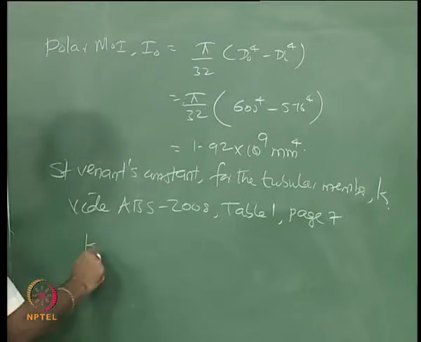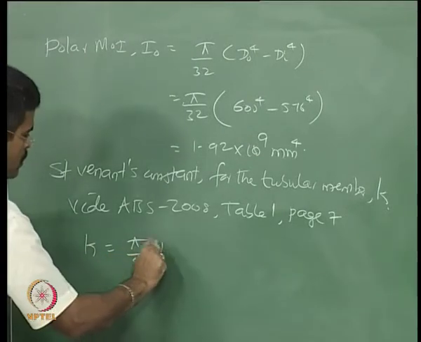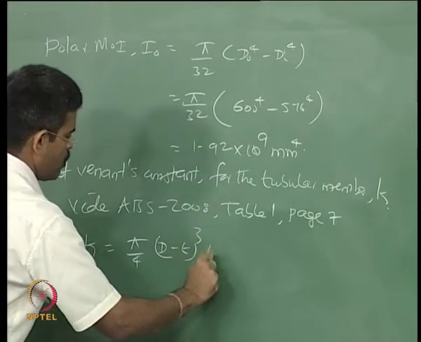K is given by pi by 4, d minus t the whole cube, into t.